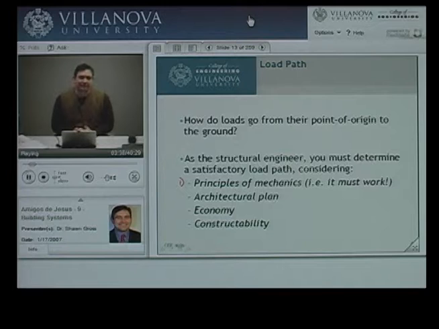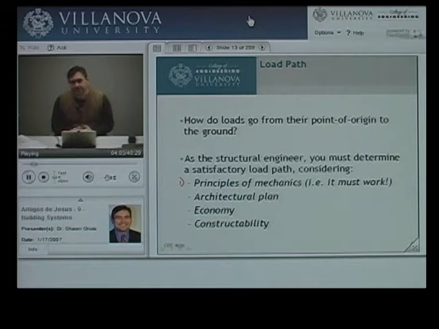Then we have other factors which really help to dictate what is the best particular load path for a certain system. Architectural plan. If I'm designing a large ballroom in a casino structure, the architect may prohibit me, for obvious reasons, from putting a massive column right in the middle of that ballroom. So we need to consider what the architectural plan and the functionality of the building is going to be.